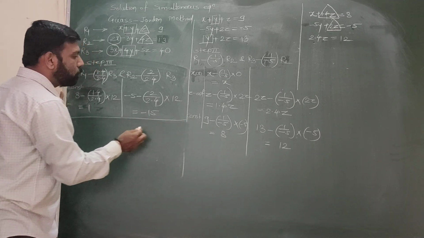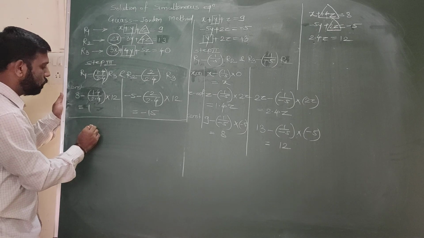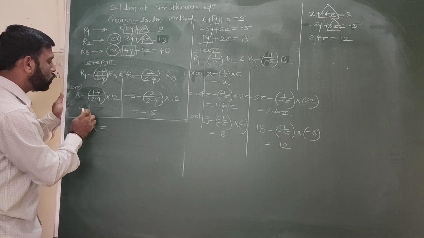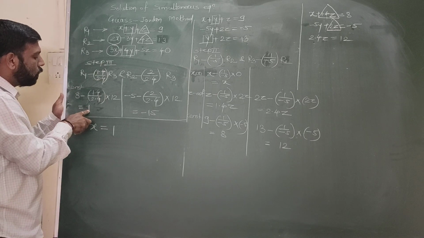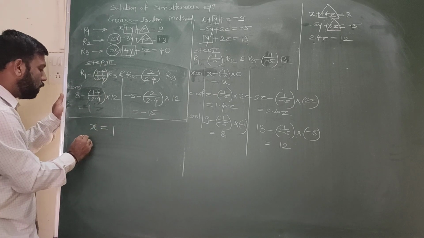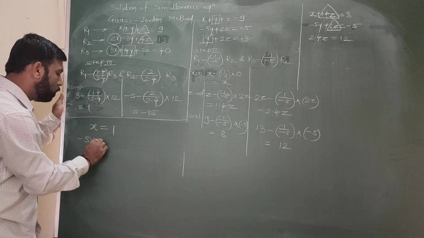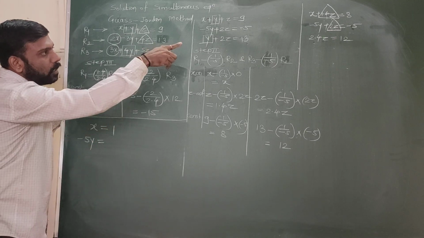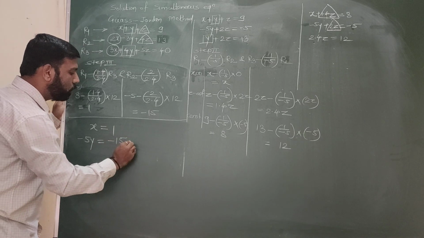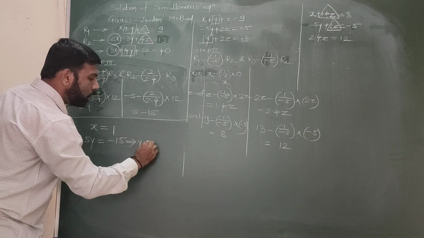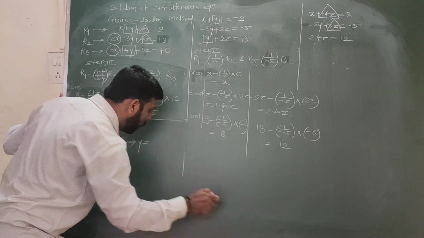In step 3 we got x equals 1. Next, minus 5y equals minus 15, which implies that y is equal to 3.